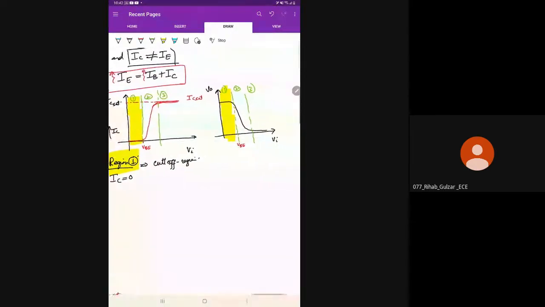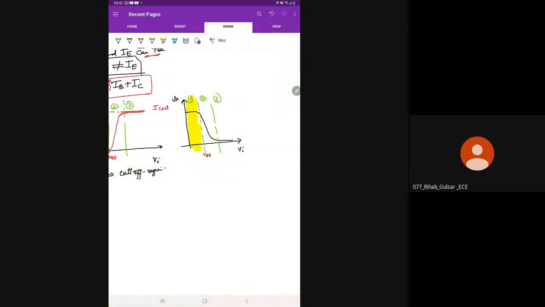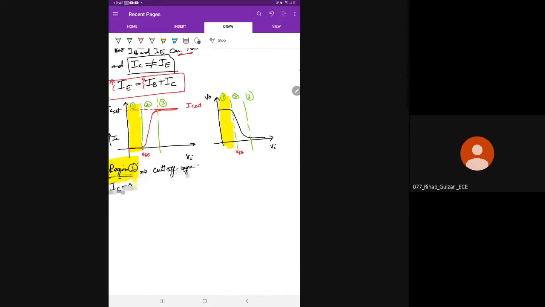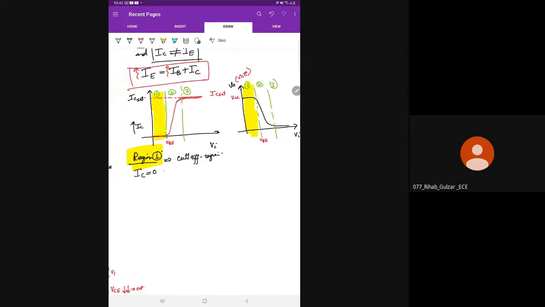From the second plot, you can see that VCE is equal to VCC. So this is V output or VCE, equal to VCC. And the BJT is off, or it is an open circuit, that is in region 1.